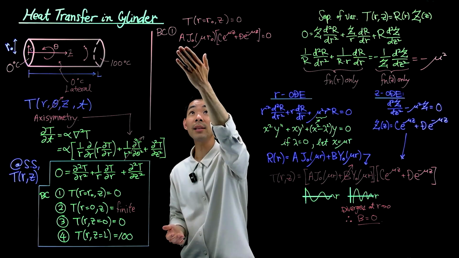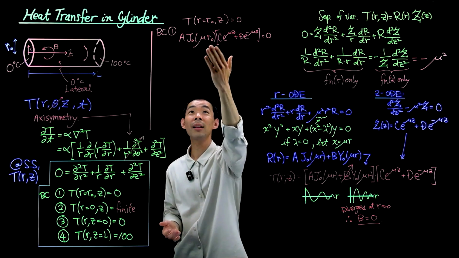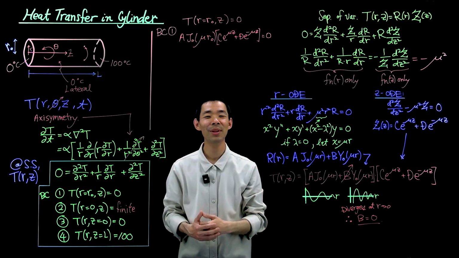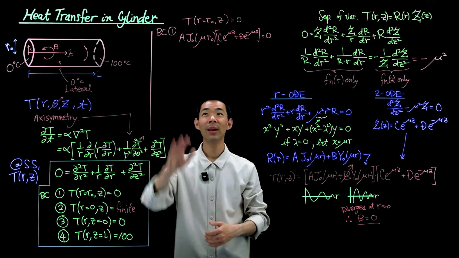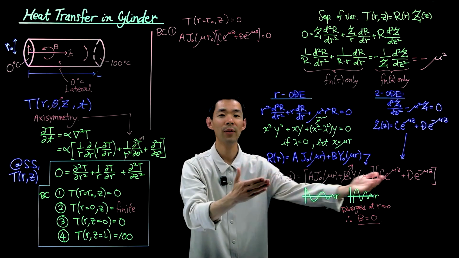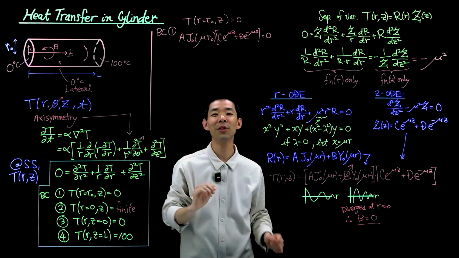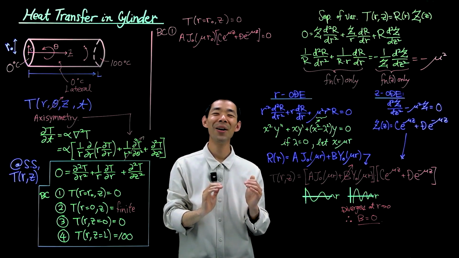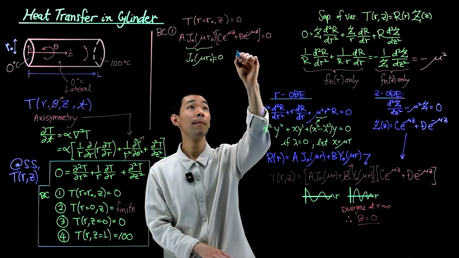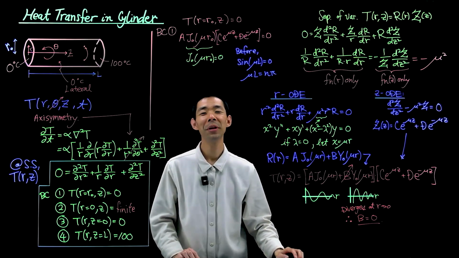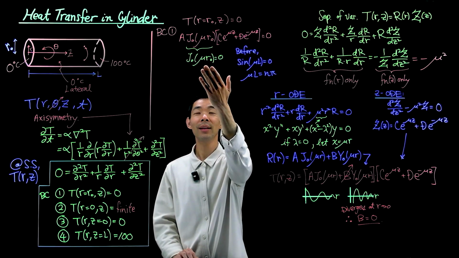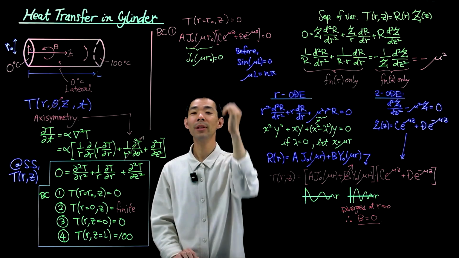So either a is equal to 0 or J0 of the argument mu times r naught must be equal to 0. If a were equal to 0, you get the trivial solution. Therefore, we need to make this Bessel's function of the argument mu r0 equal to 0. So clearly, this J0 of the argument mu r naught must be equal to 0.